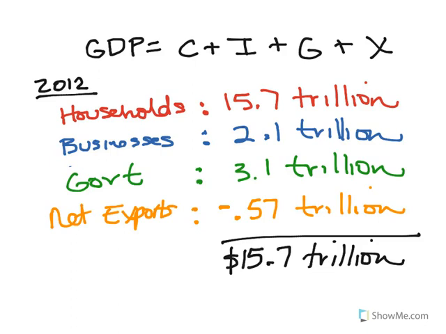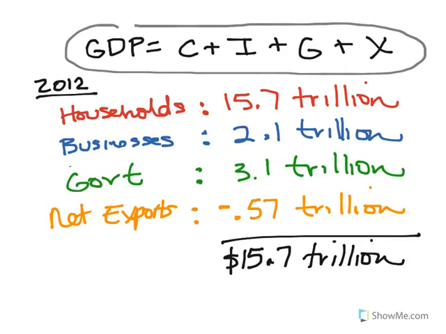And remember, it doesn't matter if we use the expenditures approach, the output approach, or the income approach, we would be basically coming up with the same value no matter what. It's just that this is the formula that we generally use the most. In other words, GDP as expenditures: consumption spending plus investment expenditures plus government expenditures plus the value of the net exports. You add that all up, and that is what gives us the value of GDP.